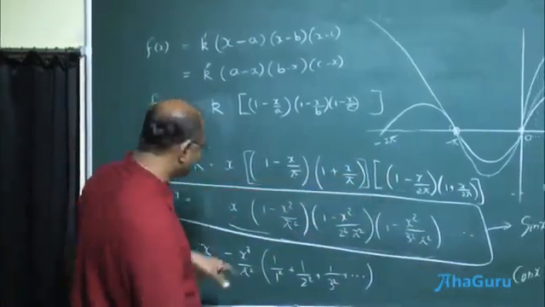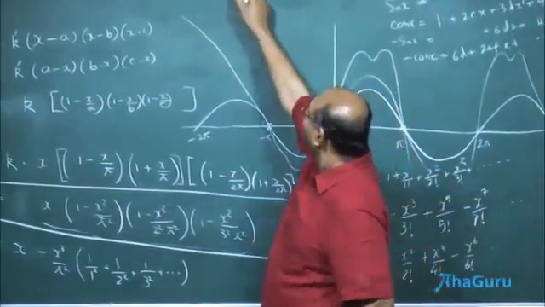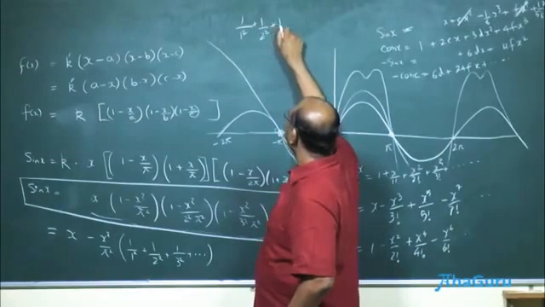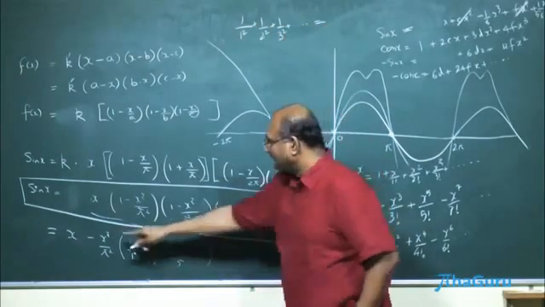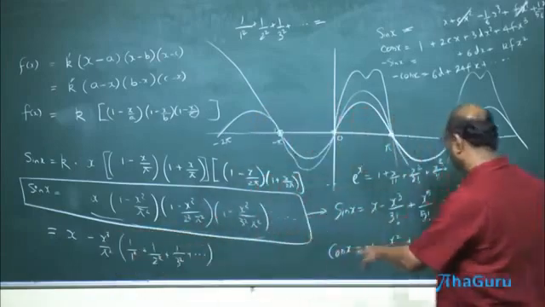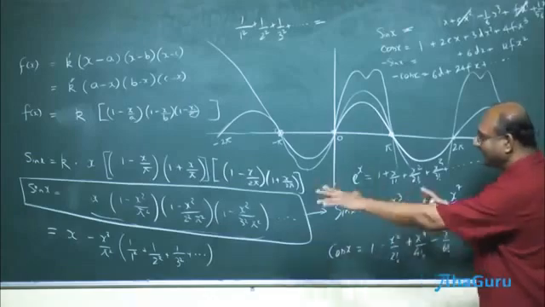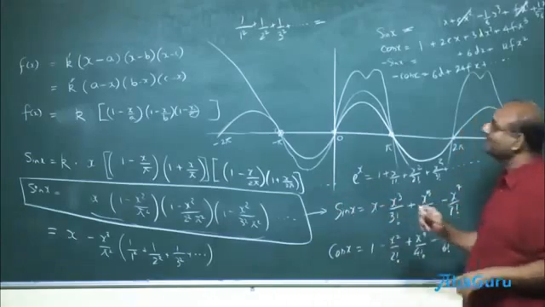Now that means 1 by 1 square plus 1 by 2 square plus 1 by 3 square is minus 1 by pi into minus 1 by pi square must be the same as minus 1 by 6. We will get rid of the 1 by 6, 1 by 6. So it must be pi square by 6.